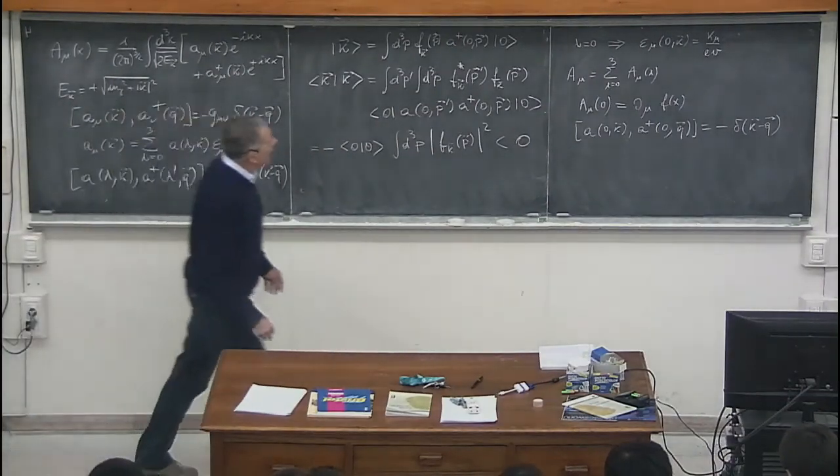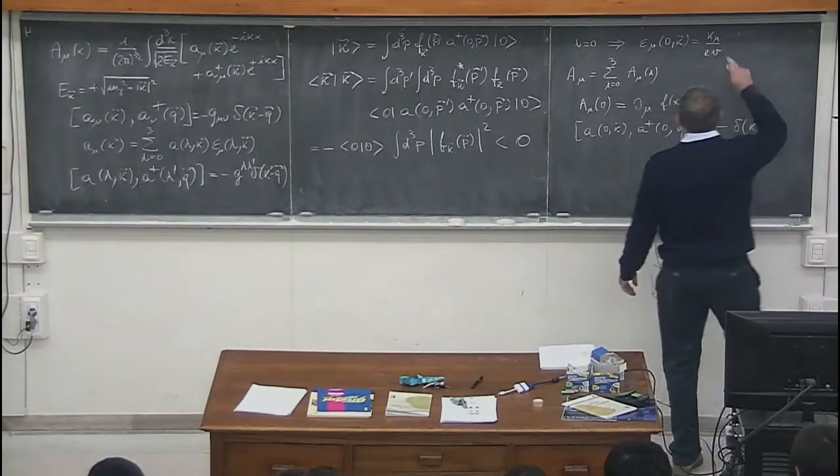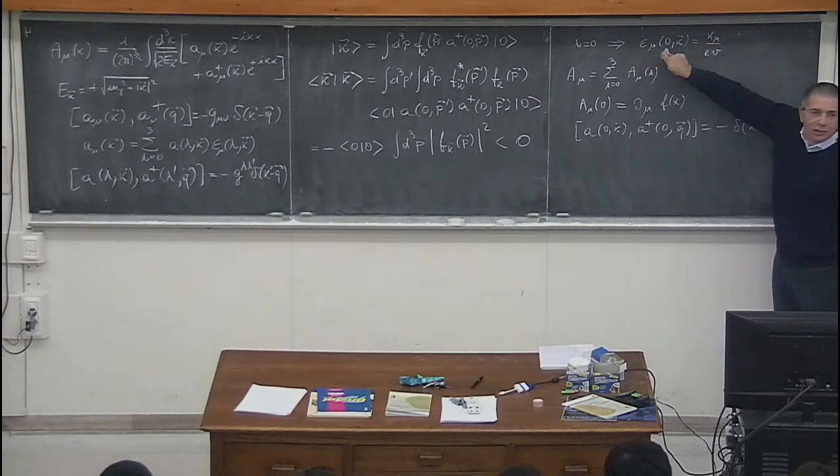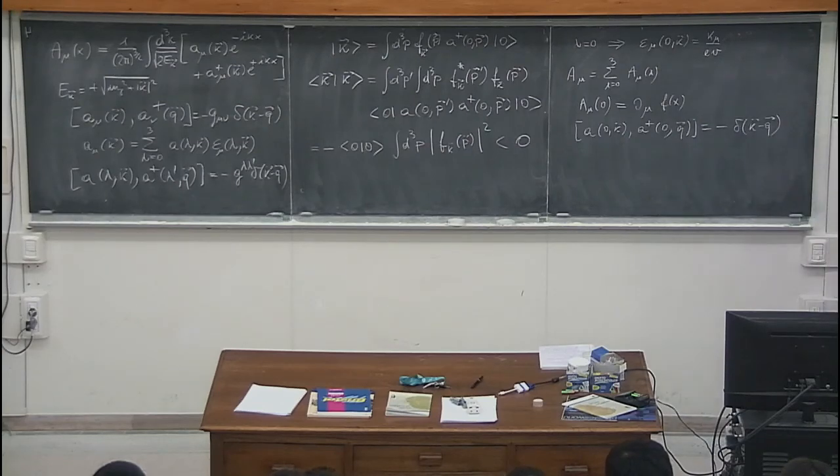So I have to get rid of states with polarization 0. The polarization states corresponding to lambda equal to 0 do not belong to the physical Hilbert space of states. And it is easy to get rid of them.